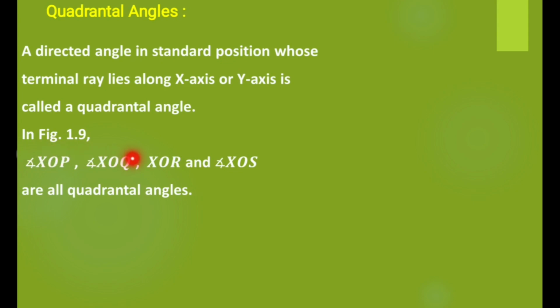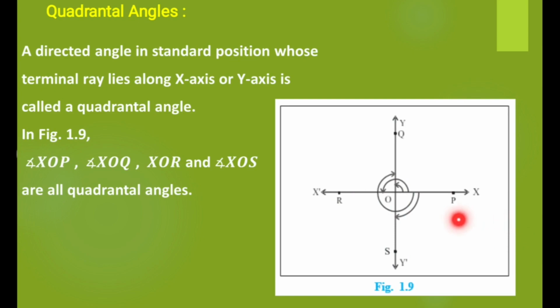Now see figure 1.9, angle XOP. The initial arm is OX and the terminal arm is OP. Now this OP is on the positive x-axis, that is along the x-axis, so this is a quadrantal angle.